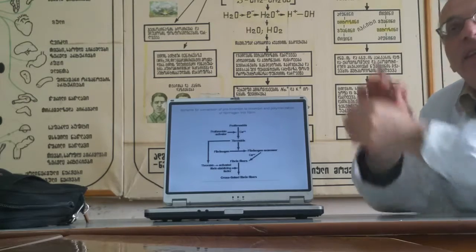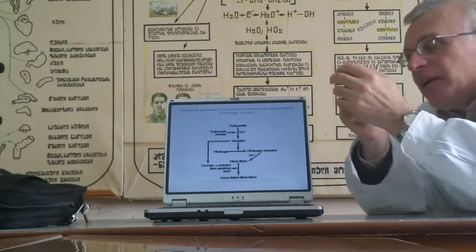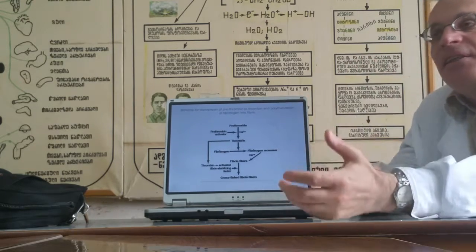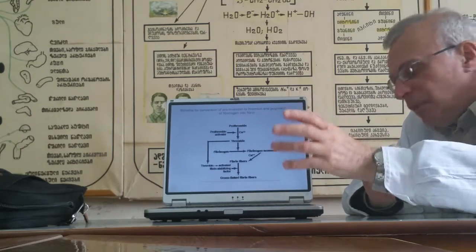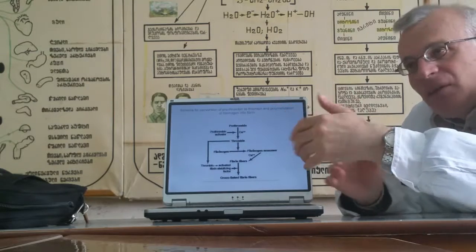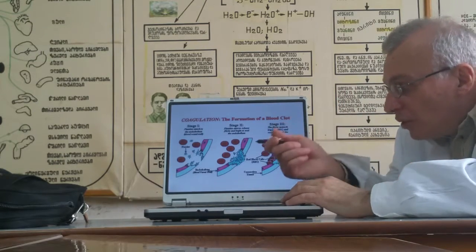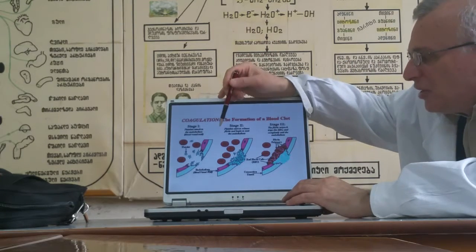Plasmin digests the clot, and then after repair of this hole, the clot is removed in about 1 month. It depends on whether it is bigger or smaller. The most important thing is calcium.